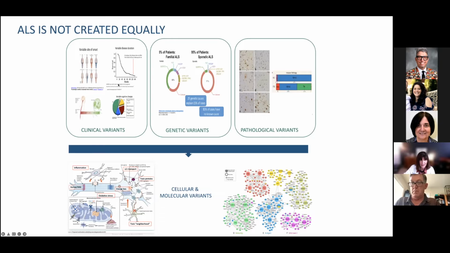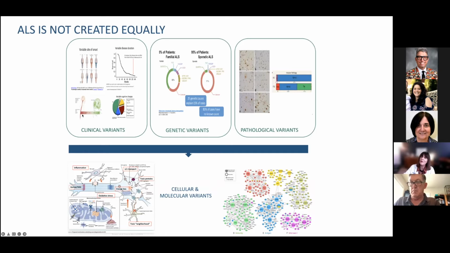I don't have to tell you, and I won't go into the details, but obviously patients come to the clinic with different sites of onset. We can have limb onset patients or patients with bulbar onset of the disease. The duration of the disease is very variable. We have very fast progressing patients, very slow progressing patients, and everything in between.